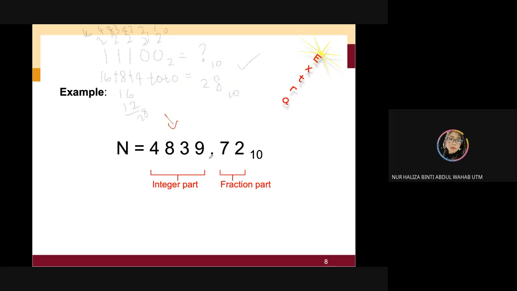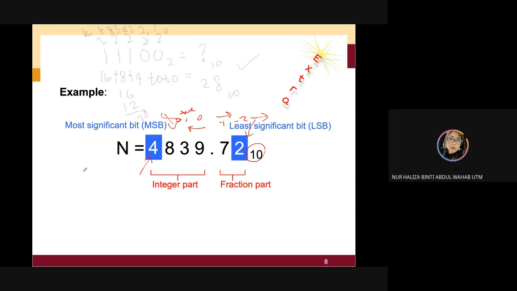So the integer part over here, you will have the positive value starting from 0, 1, 2, 3, depending on your number. But for your fraction part, you're going to start with minus 1, minus 2, and so on. And in the equation, normally they're not going to inform you. This is your MSB and this is your LSB.